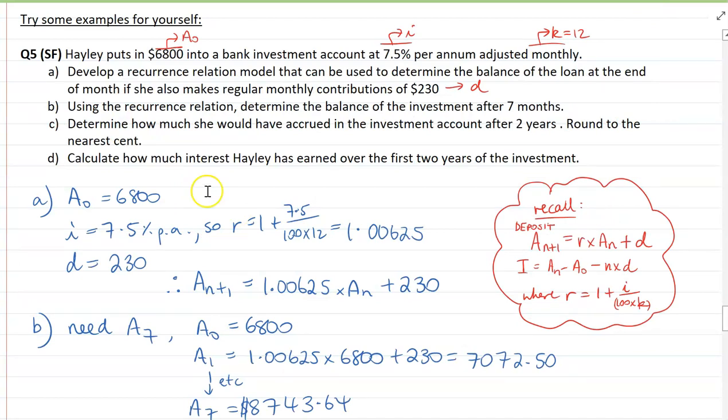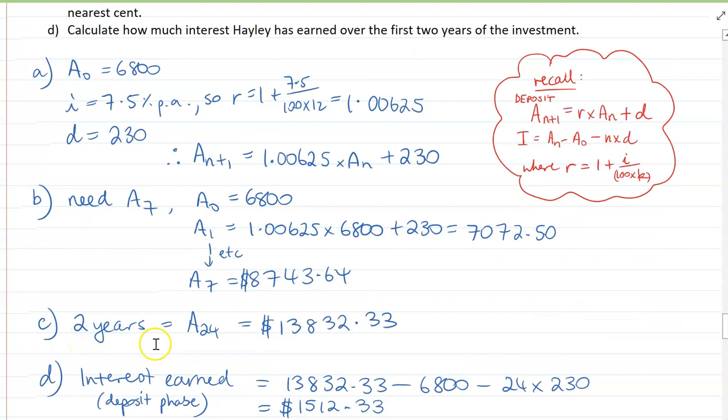Let's go through question 5. So for A, hopefully your recurrence relation looks something like that. And if we're after the 7th month for part B, you would have found a balance of $8,743.64. For part C, after 2 years, that's the 24th recursion. So pumping that equals button on your calculator, hopefully you came up with a balance of $13,832.33.